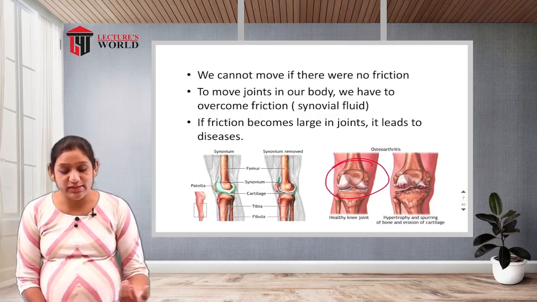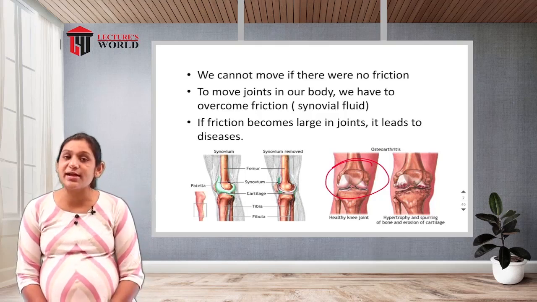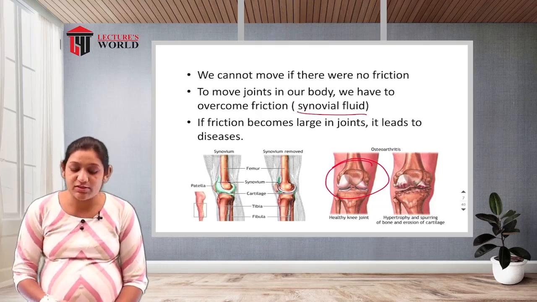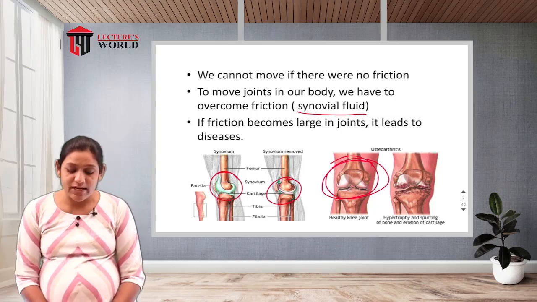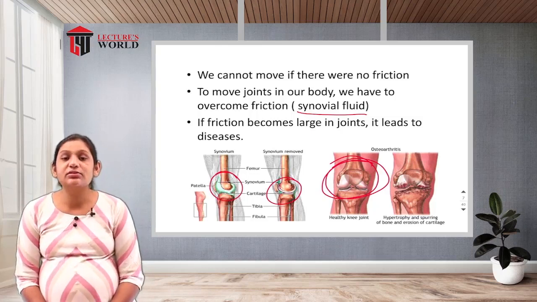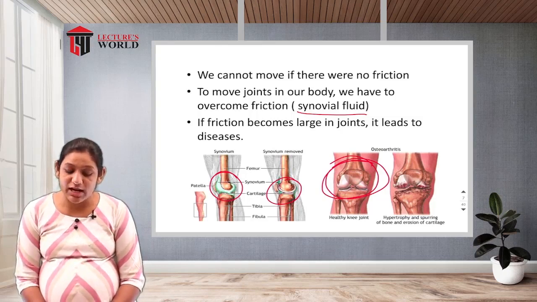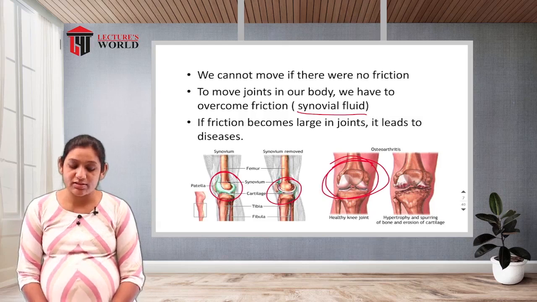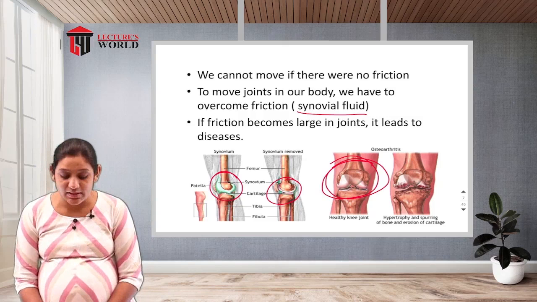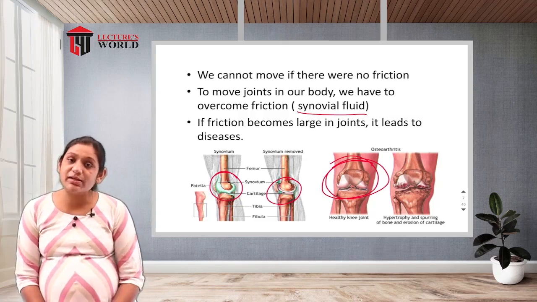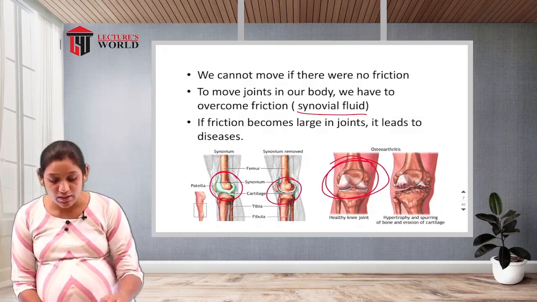So to move the joints in our body, we have to overcome friction. Synovial fluid between the two bones gives the lubrication. If friction becomes large in the joints, it leads to disease.